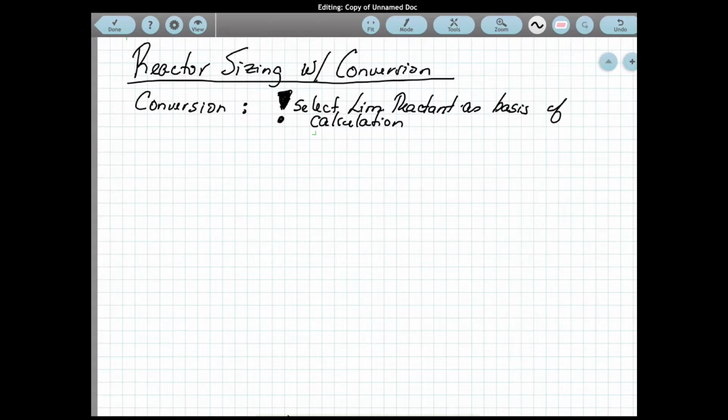So let's start with the definition of conversion. For conversion, we need to select a reactant. Typically, or most commonly, the limiting reactant is the basis of calculation. Remember that once you have the conversion for one reactant, you can use the stoichiometry to relate this conversion to other species in the chemical reaction.